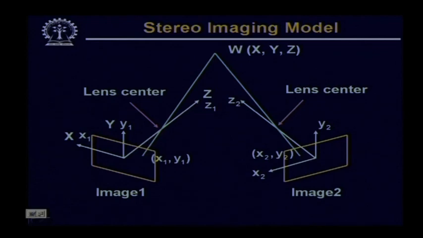So, by using these two images, I got equations of two straight lines. If I solve these two equations, then the point of intersection of these two straight lines gives me the x, y, z coordinate of point W.